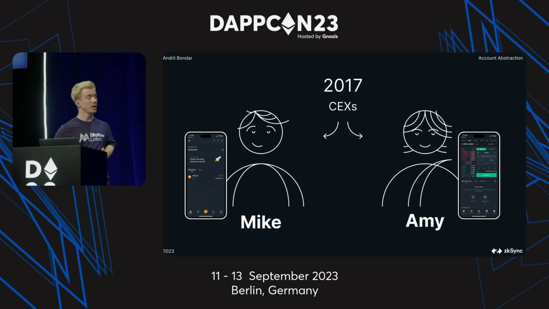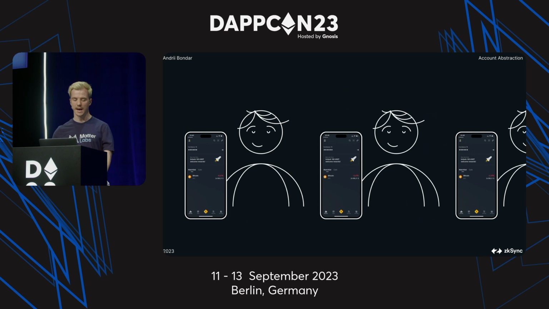For this reason, you can notice a simple mode for Mike and a pro mode for Amy. At that time, centralized crypto exchanges dominated the Web2 market. And this newbie mode was the attempt to provide mass adoption for users like Mike, who wanted to invest in crypto.